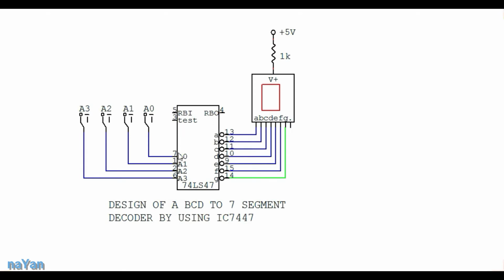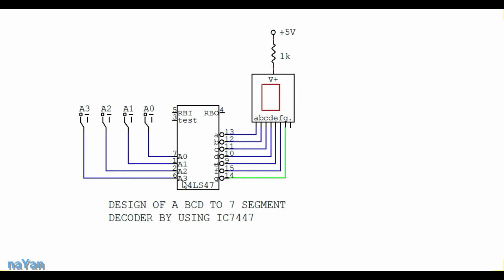Here in this IC, because it is a simulation, there is no provision to provide supply or ground, so those pins are not available here, so we don't show you the connections. 3, 5 and 4 are no connection, so we just leave all these pins not connected.